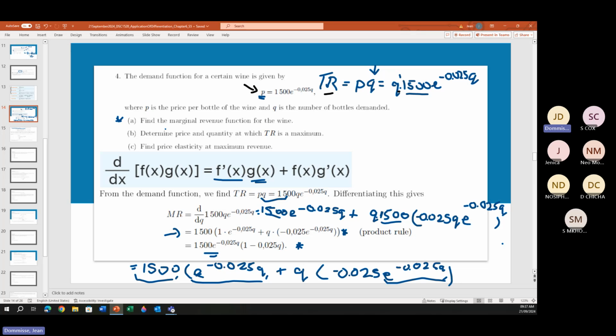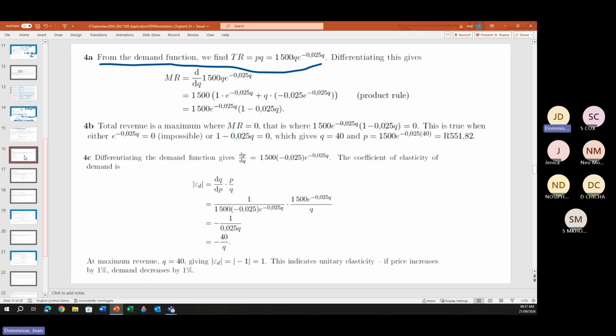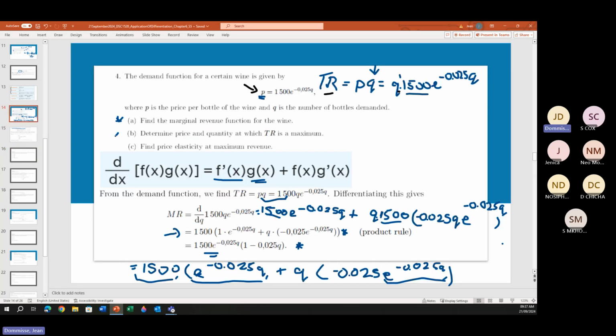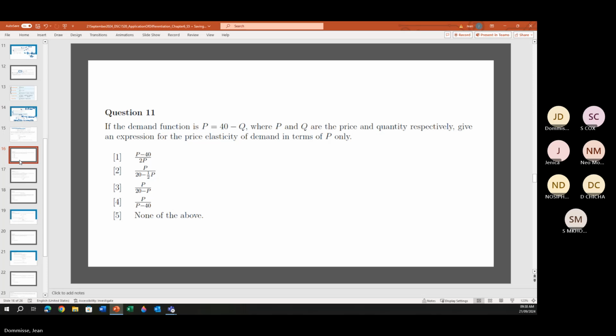So they will not ask you a question that follows up on a question. But go and look at question B and C, because they are quite interesting questions to look at.